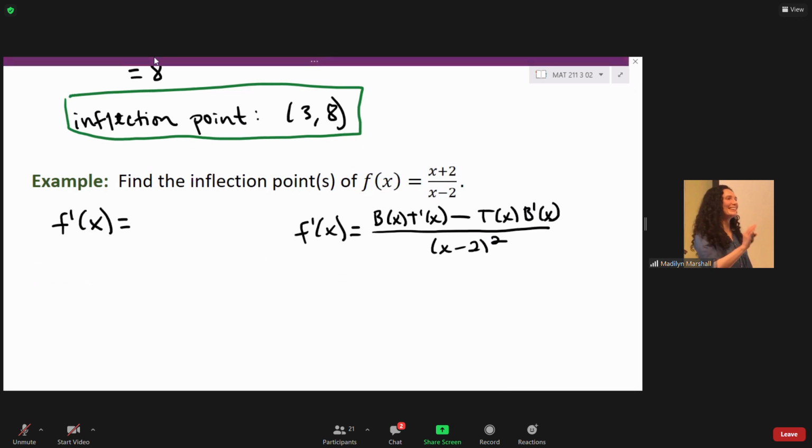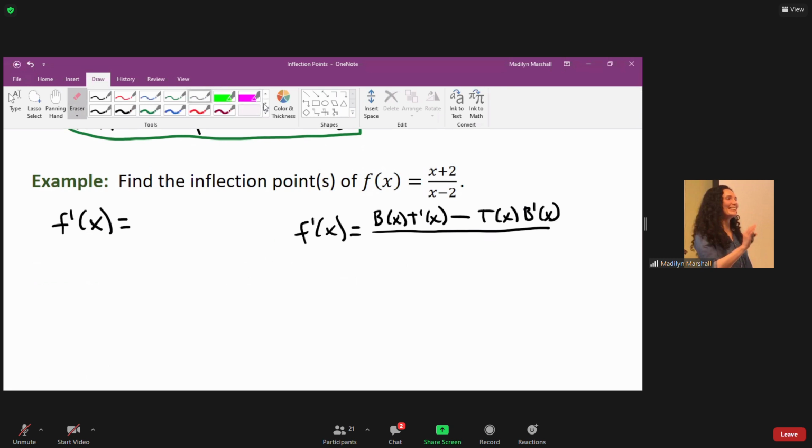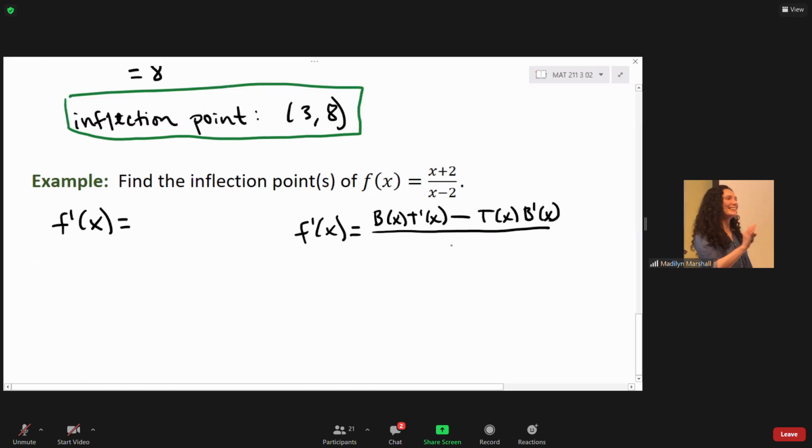Oops, sorry, I meant to write b of x squared. Got ahead of myself. So we can identify our top and our bottom. The top is just x plus 2.